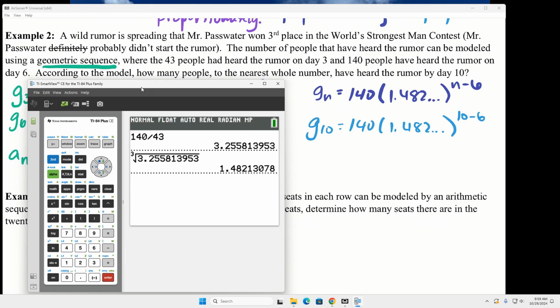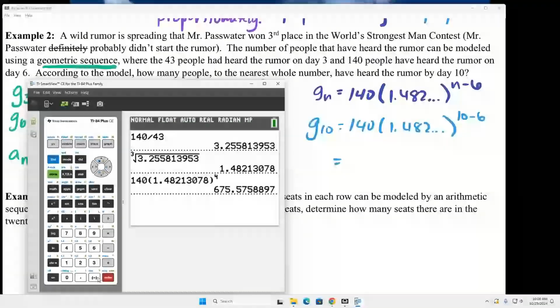So we're going to do 140 then that decimal we just got raised to the 4th. That's it. All right, and then we want to round to the nearest whole number, which is going to be 676 people heard this rumor.